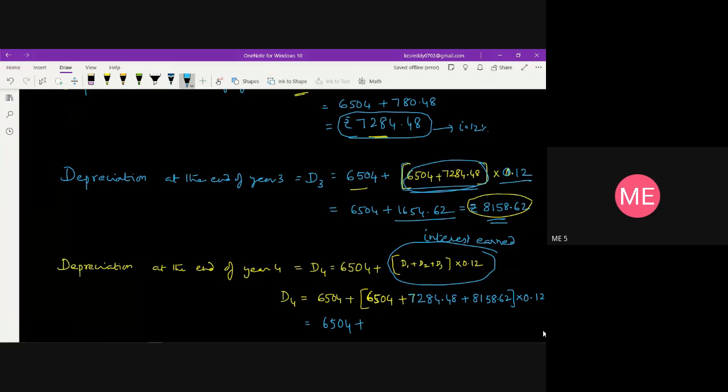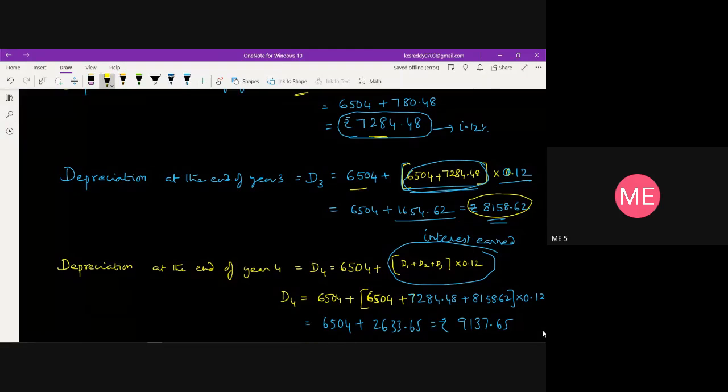So we are going to get 6504 plus 2,633.65. So together I'll be getting 6504 plus 2633.65, which is 9137.65 rupees.